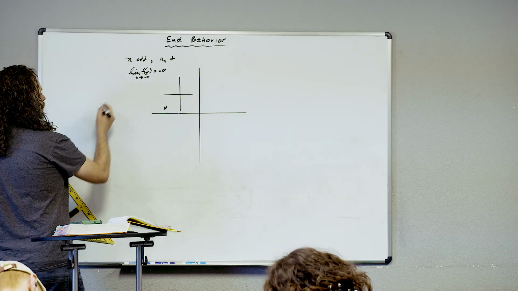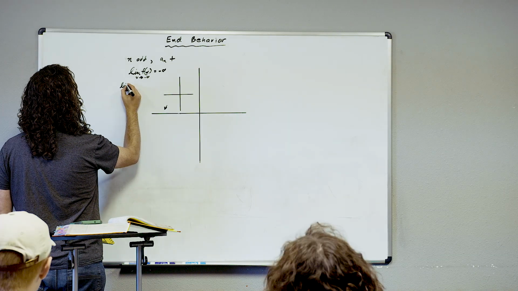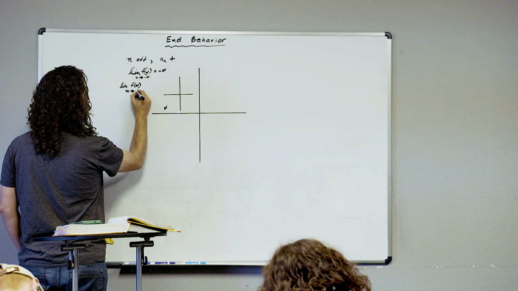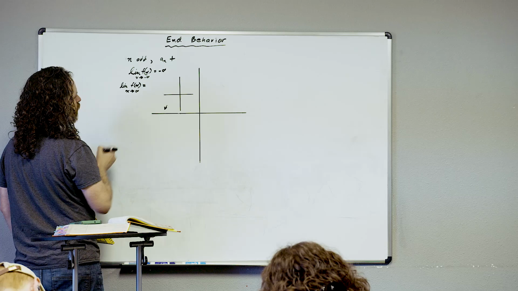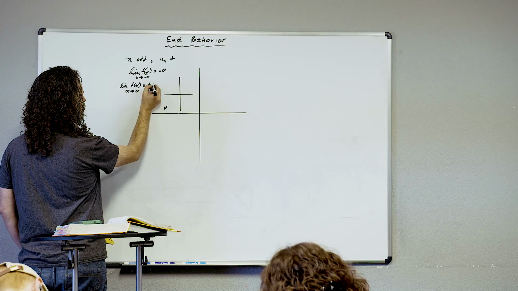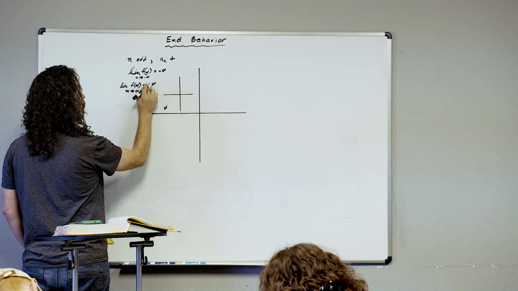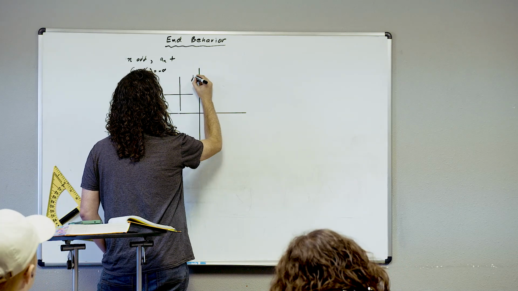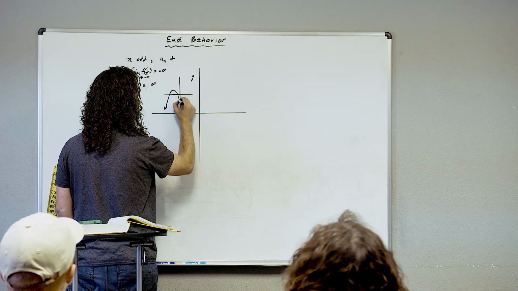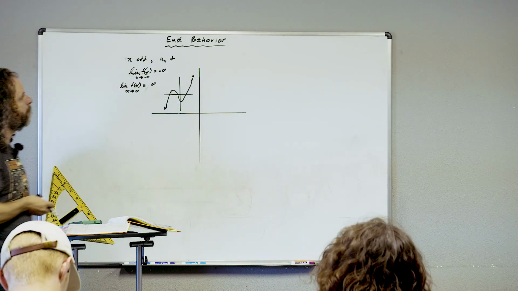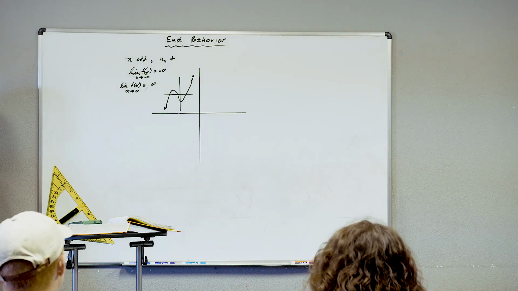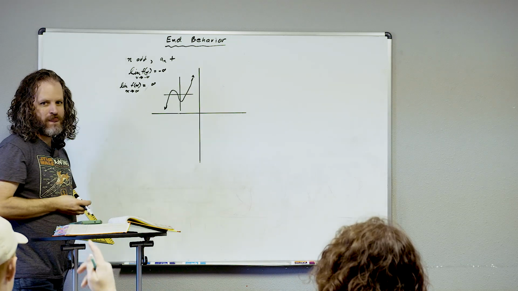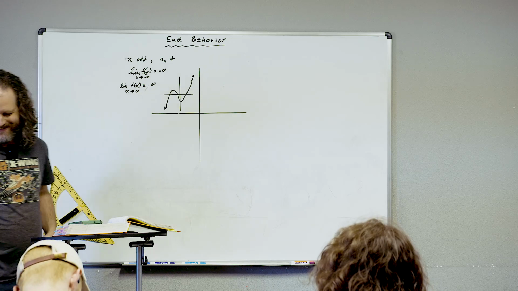The limit of f of x as x approaches positive infinity of this one is positive infinity, or just infinity, right? So that means the end behavior here is going to go this way. Now something's going to happen in the middle, who knows what, something like that-ish, right?